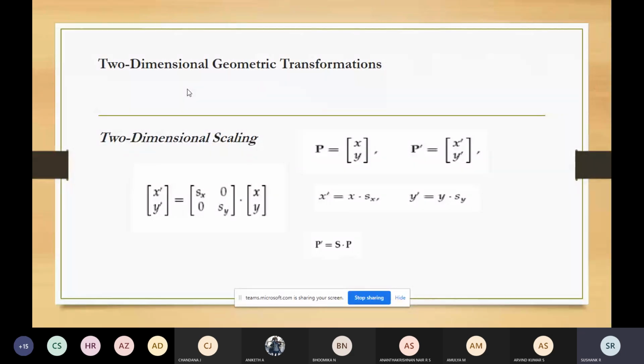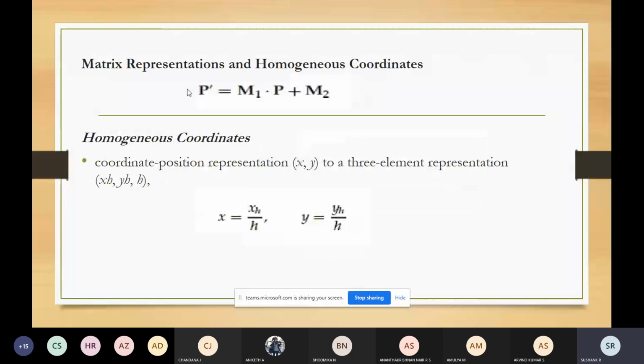Okay, again I'll start with this slide since it was not visible. All this translation, rotation, and scaling can be expressed in a single equation: P dash is equal to M1 into P plus M2, where M1 is a 2 cross 2 array that contains the multiplicative factor. M2 is a single column vector with two rows.